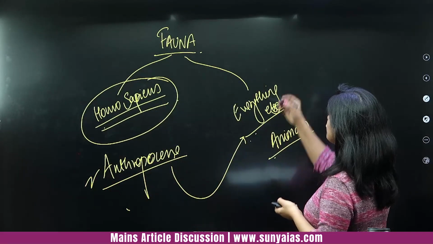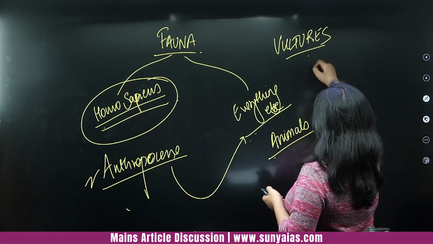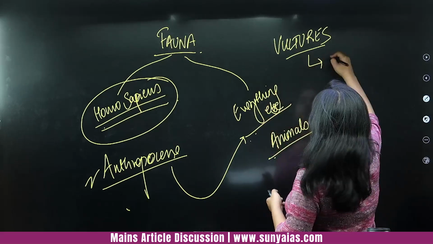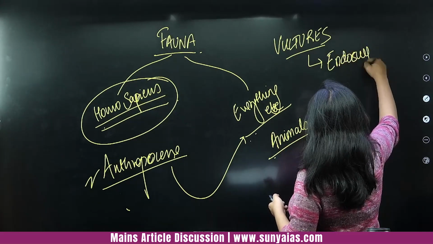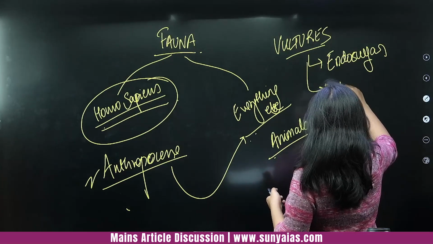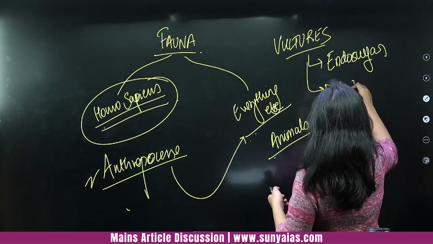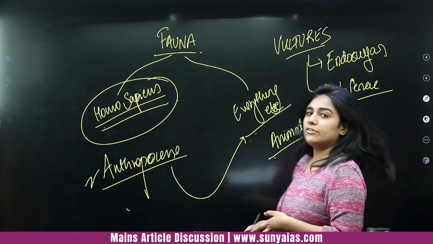For example, if we talk about vultures, vultures were threatened. Why? Because of drugs like endosulfan and diclofenac, which actually lead to deaths in vultures, right?